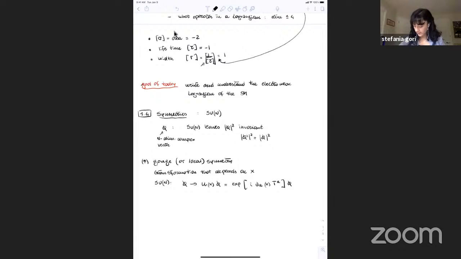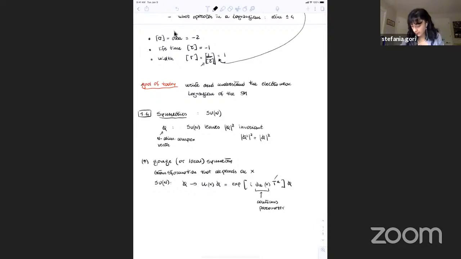So first of all, as you see, I have some continuous parameter that does depend on x, and that's why we're considering local transformations.